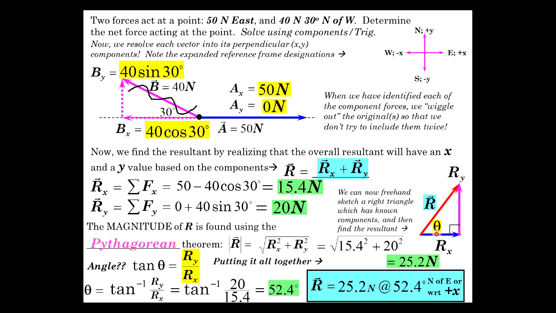So we could either say north of east or 52.4 degrees with respect to the positive x. So the positive x, and we swing by definition, by convention, we swing counterclockwise for the positive angle. And there is the problem solved using trig.